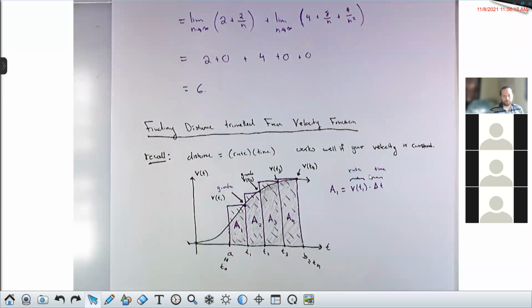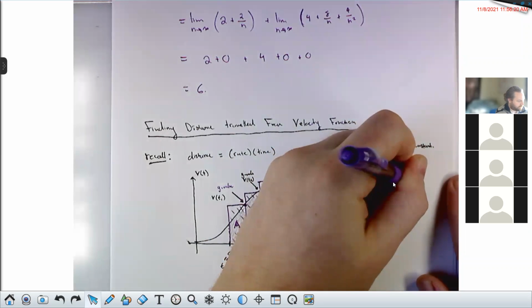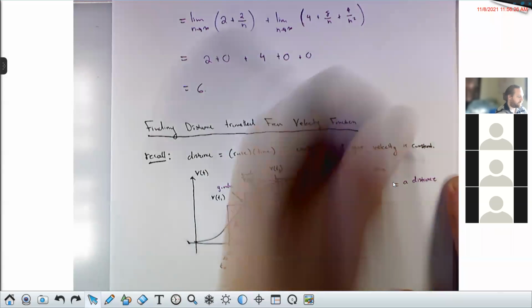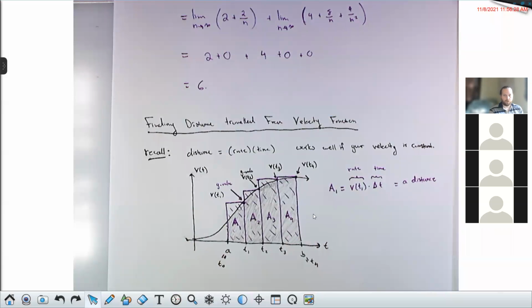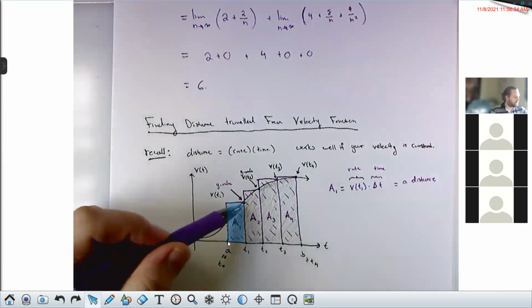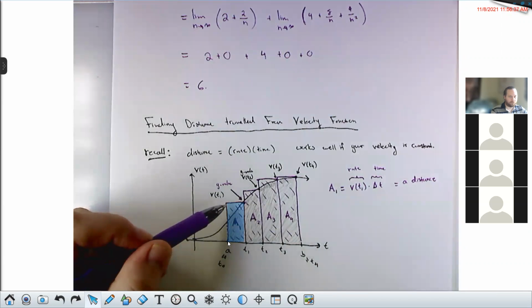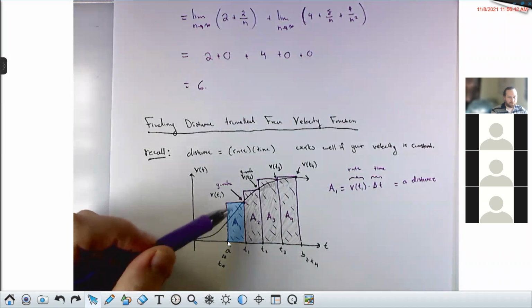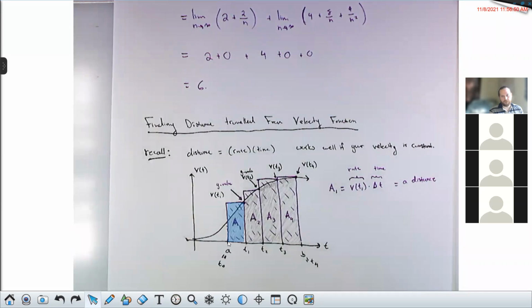So that rate times that time, this is a distance. What distance? Well, it's the distance you would travel if you were going exactly this speed, that y value, right? Exactly this speed for exactly this time. So if you're going exactly v of t1 for exactly delta t, then the exact distance you would cover over that time is the area of the rectangle A1.